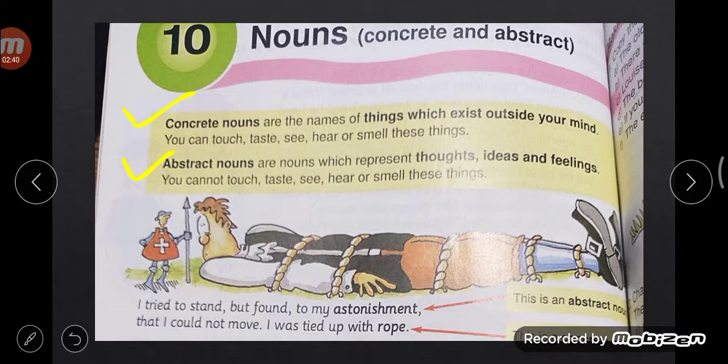All the things that just come in our mind, whether thoughts, ideas, emotions, or feelings. So all the naming words for showing thoughts, ideas, or feelings are called abstract nouns. Okay, is it clear now?